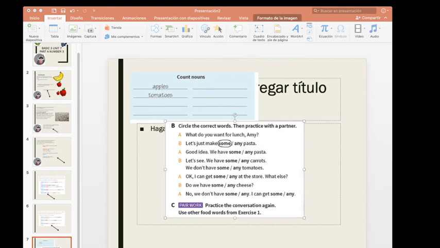And in the last part, you are going to check with your imaginary best friend, or your friend if you have one on the phone. You are going to ask, what do you often eat for breakfast, for lunch, and for dinner? Okay? And you are going to write about the vocabulary.